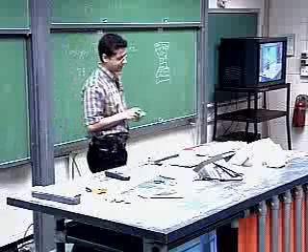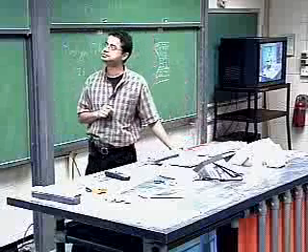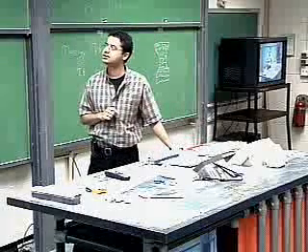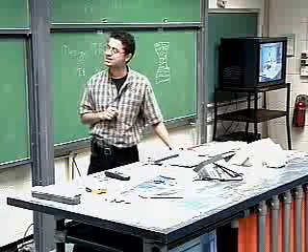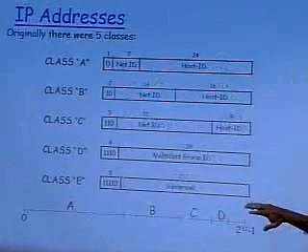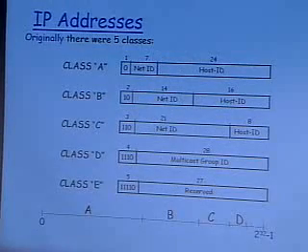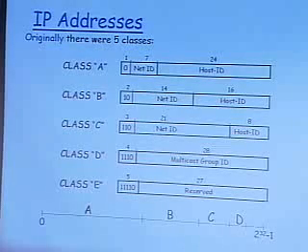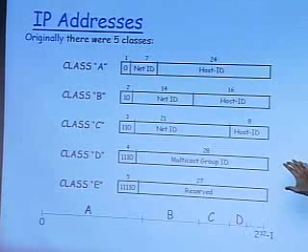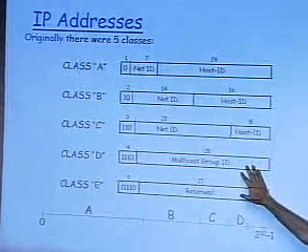So that private address issue we'll come back to in a little bit, and that again is related to how the IP addresses were assigned originally. So originally, when ARPANET or the internet was being developed, there were 5 classes of IP addresses: class A, B, C, D, and E. Class D is reserved for multicast addresses.